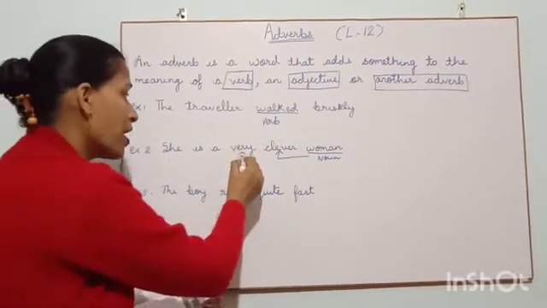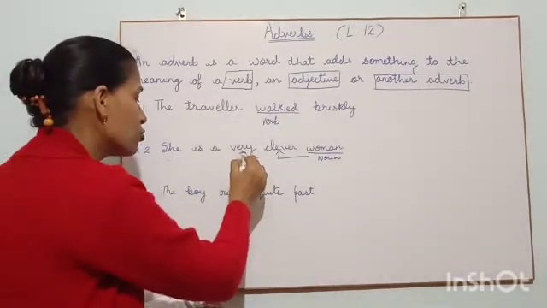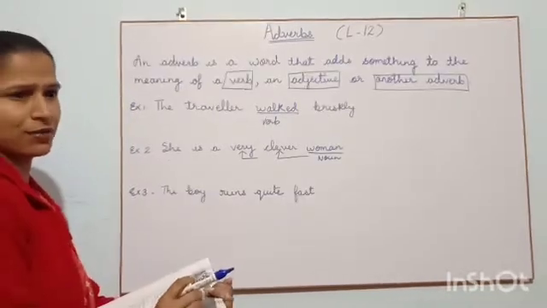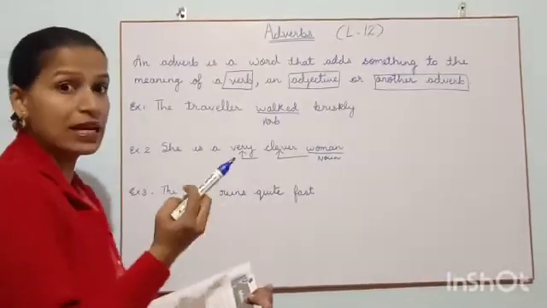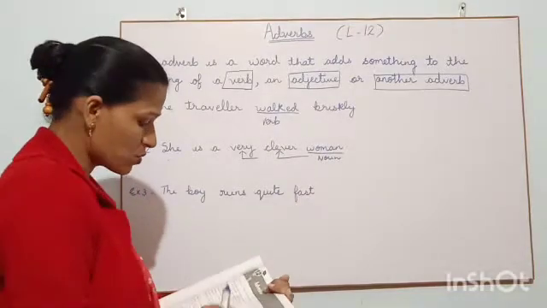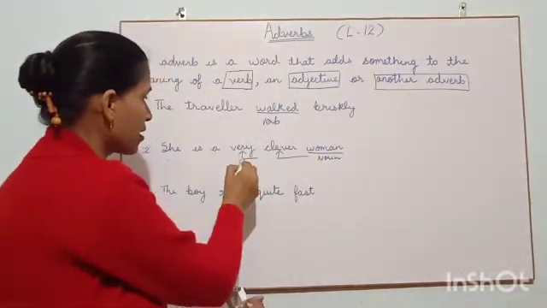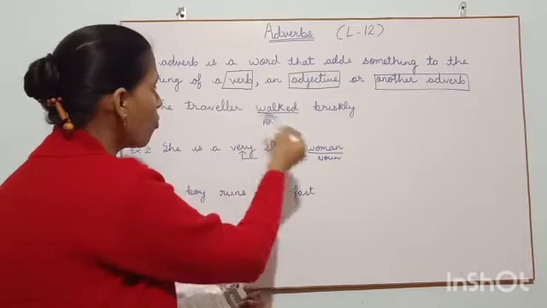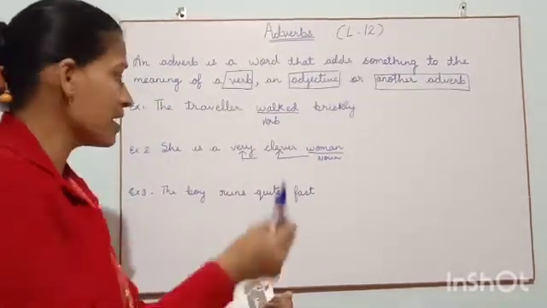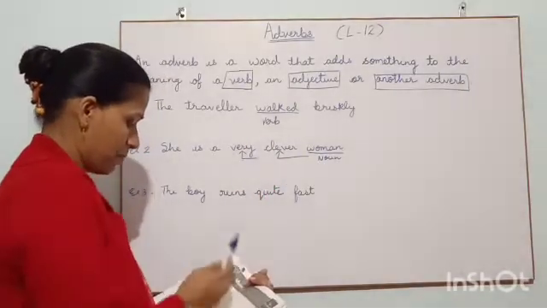But here the word very is adding to the meaning of this, that she is not like that simple lady or not very clever, but it is telling you that she is very clever. So this very is your adjective which is adding more information to it, that she is a very clever woman.